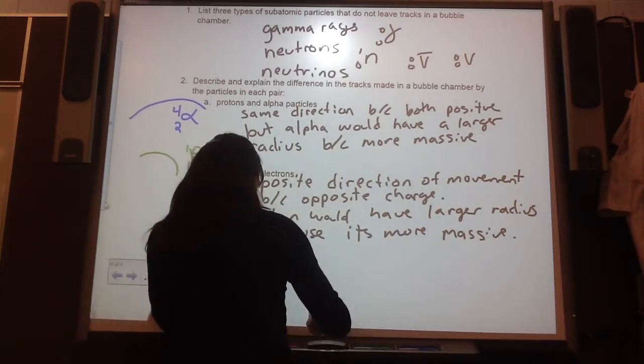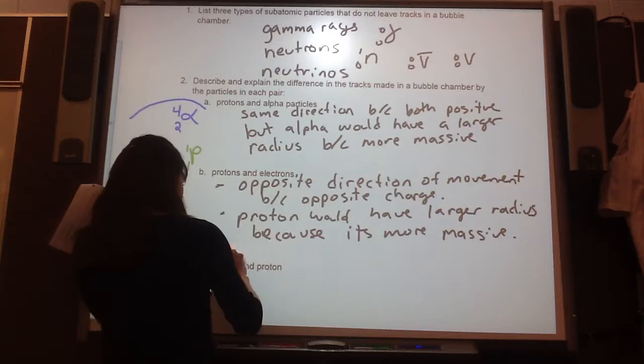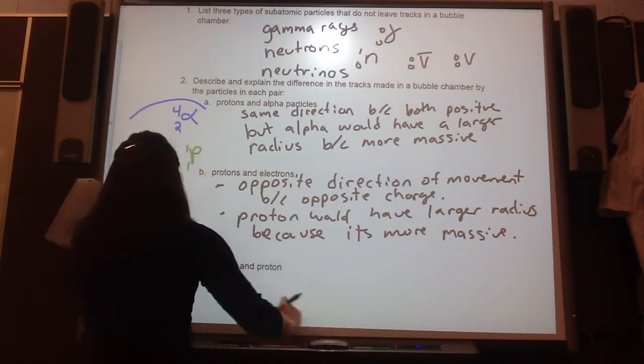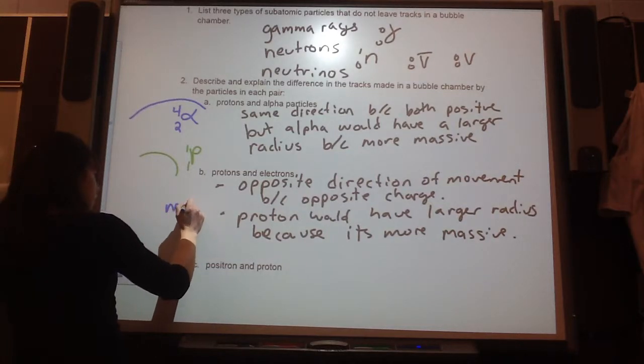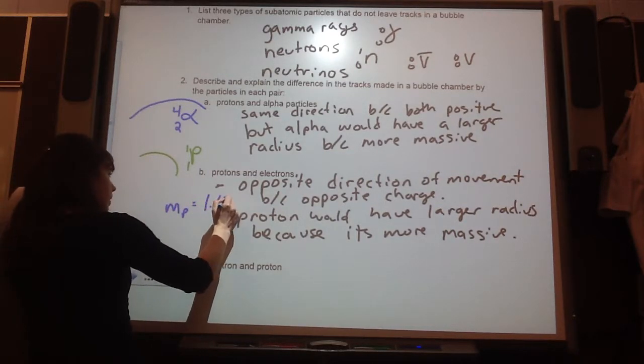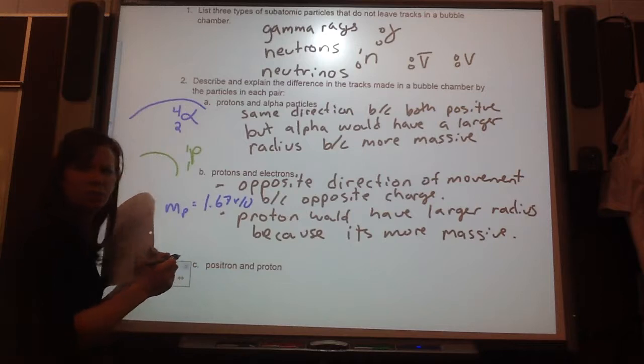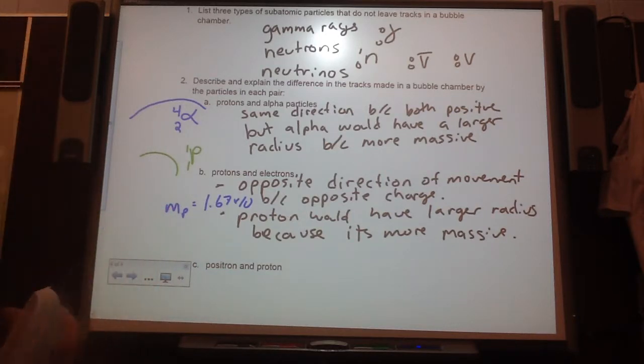Our proton mass, m of p, is 1.67 times 10 to the negative 27, is that right? Yes.